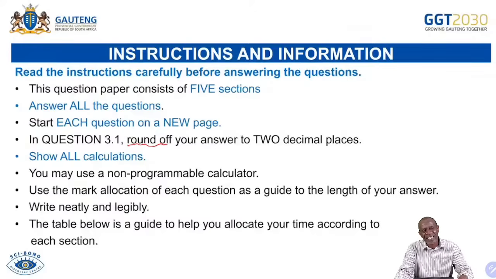But because you have read this instruction before you answered the question paper, you would know that for every calculation that is involved in question 3.1, you need to round off your answer to 2 decimal places.